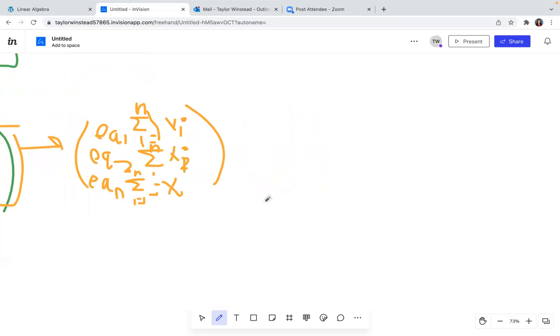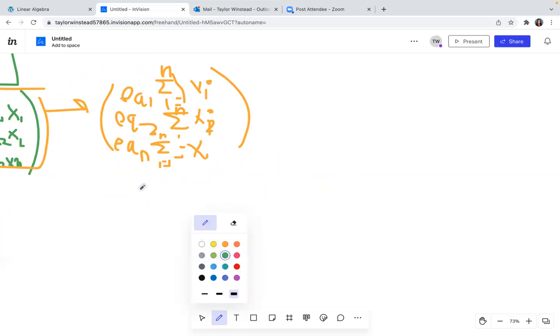Okay, now here's the important part. What we're trying to prove is that this whole thing is equal to EQ1, EQ2, all the way up to EQn, because that's what the distribution vector is, right? So the easy thing to say is that if we've pulled this out, these sigma sums of x's have to equal 1, because of what we said about the distribution vector.